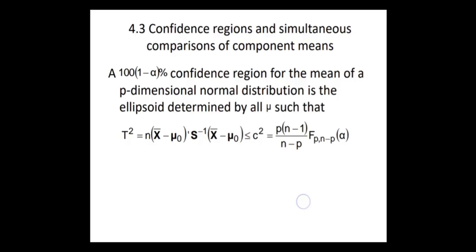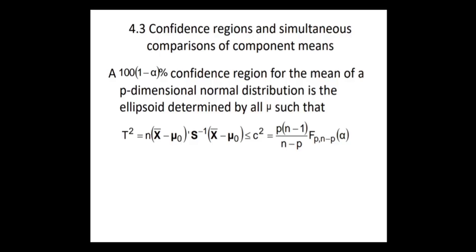Okay, so now we will see whether the mu naught, or the mean vector, lies in the confidence region of the ellipse or not, using the value of the confidence region.